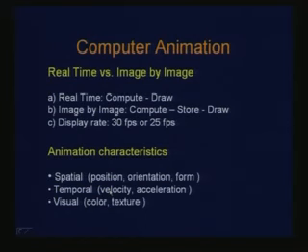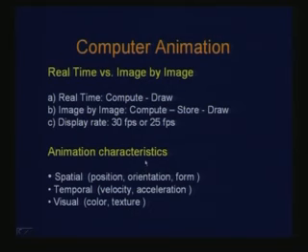Similarly, you also have temporal characteristics. There could be a notion of velocity, there could be a notion of acceleration. It is not just that things change, but things change differently with time. Similarly, there could also be visual characteristics which contribute. There could be a change in color over time, there could be a change in texture and so on. So, one can see these as the main 3 characteristics which contribute towards animation.